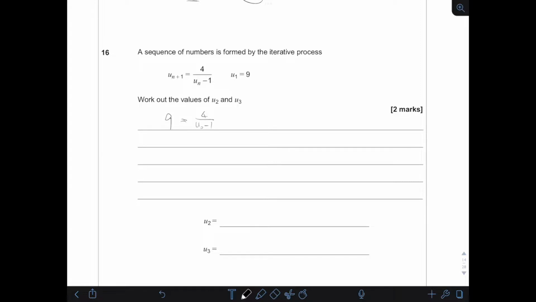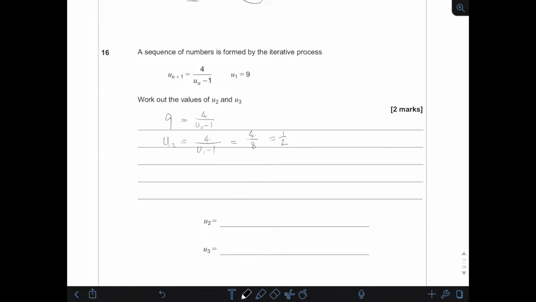Doesn't actually matter here. If I want u2, I will have to take 4 divided by u1 minus 1, which is 4 on 8, which is a half, right? So that's how you do it.